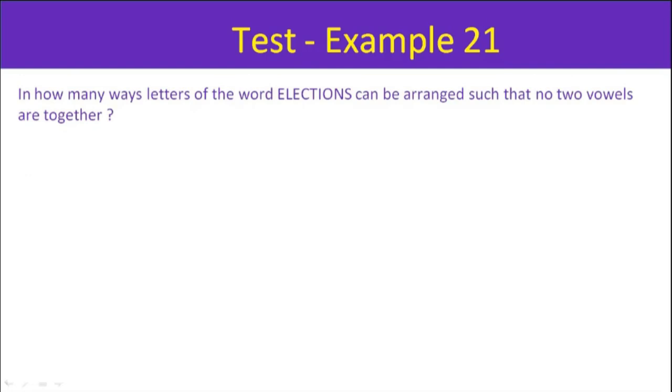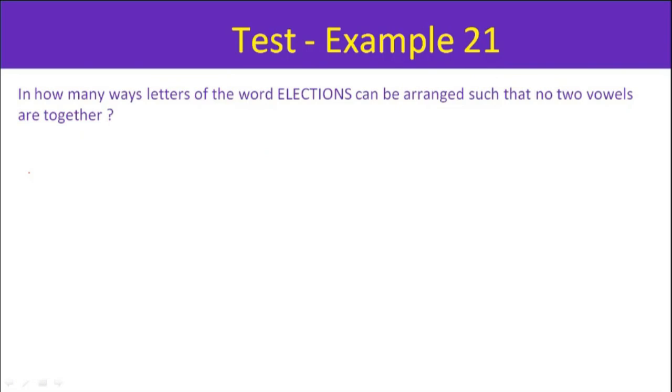What I want from you guys is just to be able to absorb what this question says. Then you can go back and do this question, because our next class will be on next Saturday. You will have enough time to watch these videos and solve questions. Again, I'm not doing it because we have already done this question, but good students should be able to visualize the question. No 2 vowels are together.